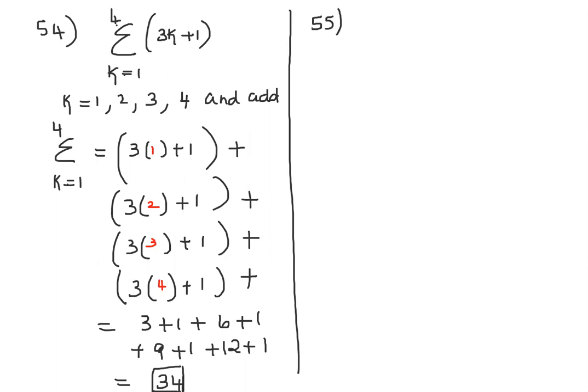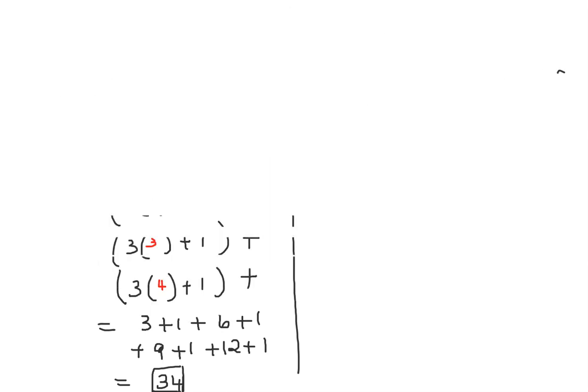Number 55. Same thing. We have to evaluate k equal to 1 to 4 of 2 times negative 3 to the power k minus 1. So we have to put k equals 1, 2, 3, 4 and add all the answers.